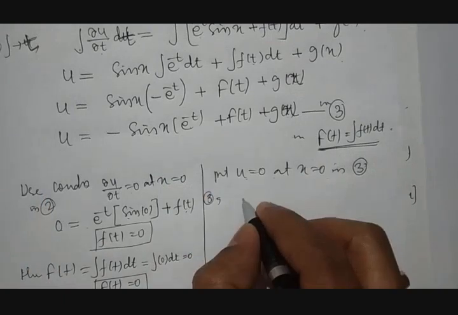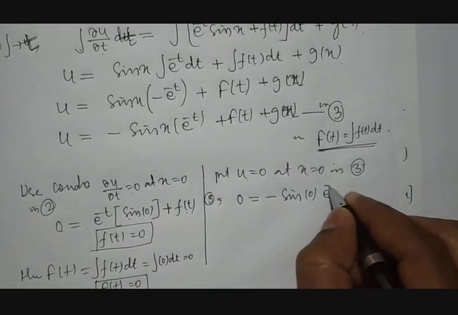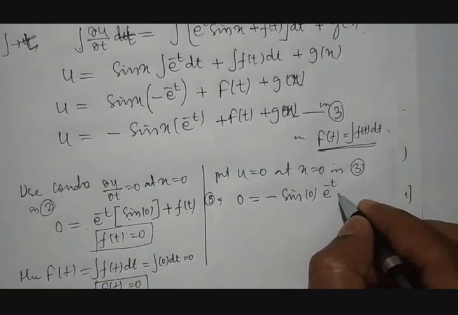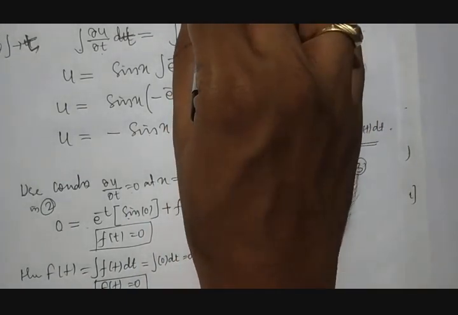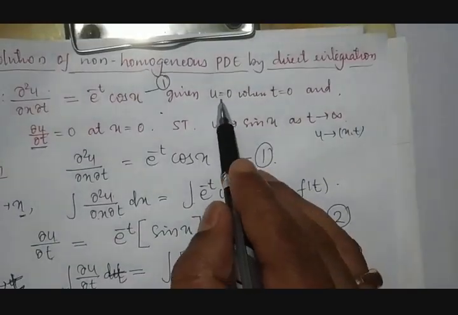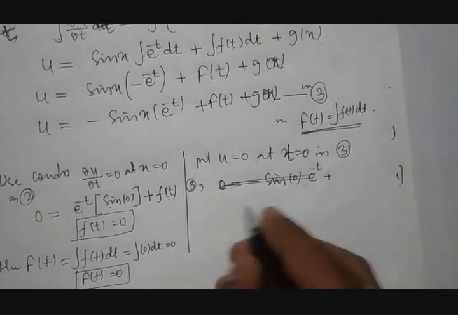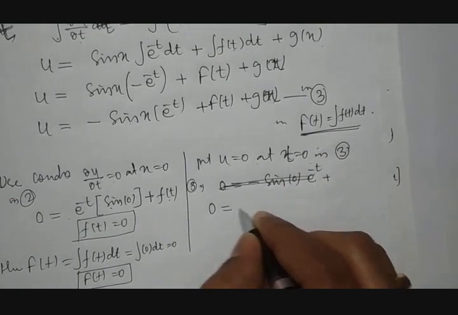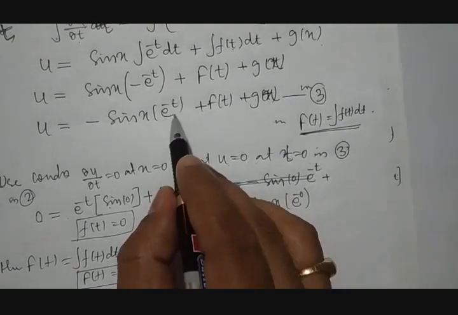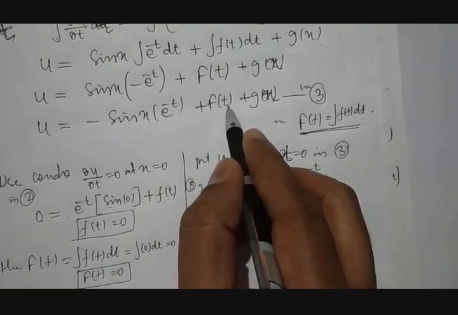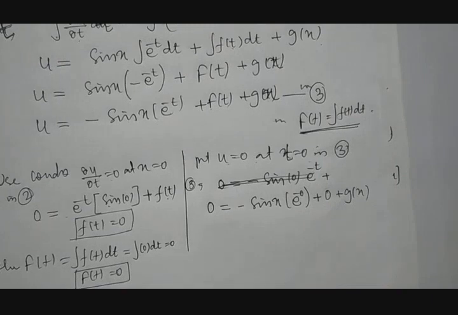Then equation number 3 becomes 0 is equal to minus sine x into e raised to minus 0, because t is 0, plus capital F of t, which is already calculated as 0, plus g of x.